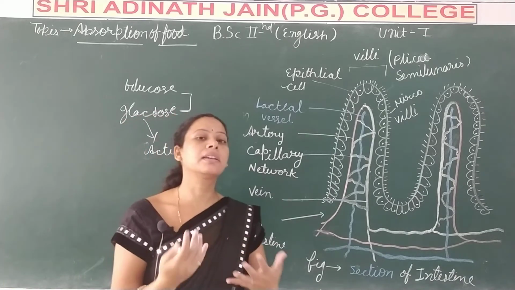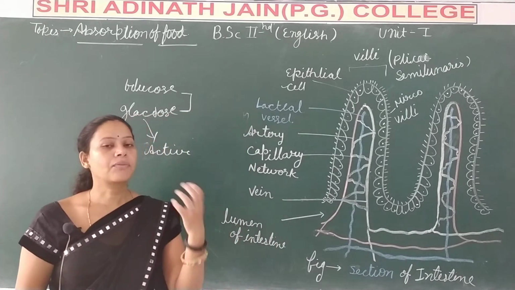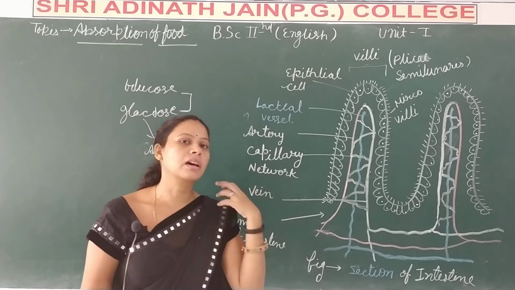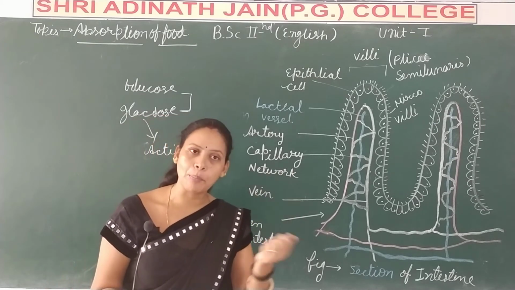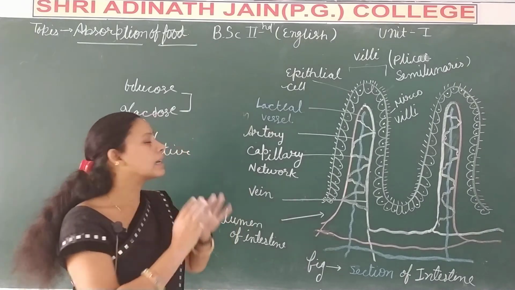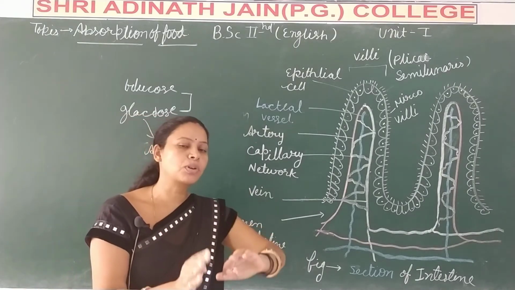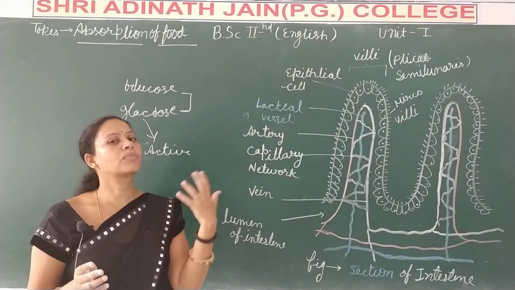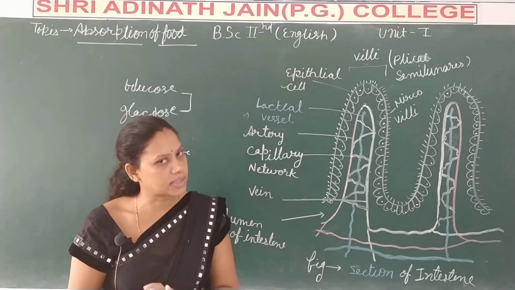It means they need the carrier. They make the sugar carrier complex, and by this complex the glucose and galactose can be transported from outside the cell membrane to inside the cell membrane.